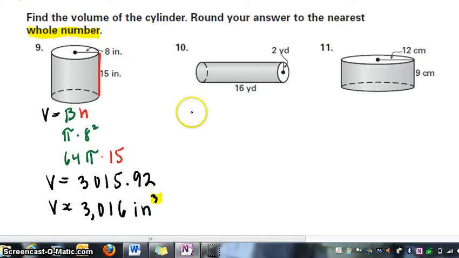All right, in our next problem, again, volume equals area of the base times the height. So we have pi times 2 squared, or 4 pi.